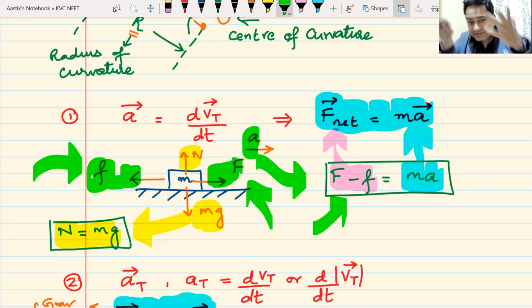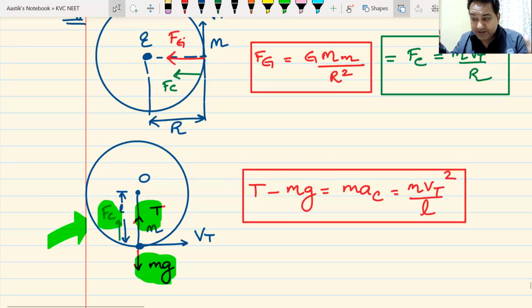Net force towards the center. I hope I am making myself very clear. Can I have some raised hands that we all understand this? It's the same concept, same thinking that we have studied so far back. Just applying it now on circular motion, and this is how it looks at this point in time.